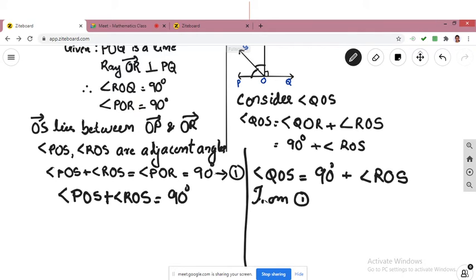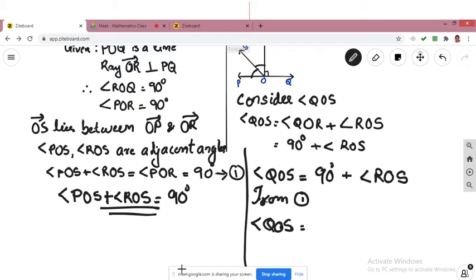So can I substitute that here? Yes, angle QOS is equal to 90 degrees plus, yes, I am substituting. So can I write angle POS plus ROS in place of 90 degrees? 90 degrees minus POS is equal to ROS, ma'am.